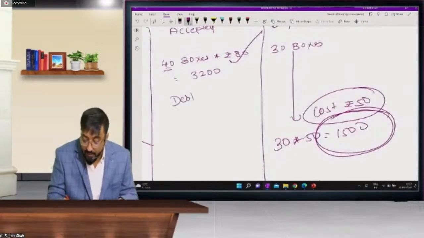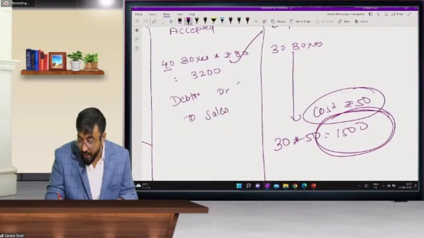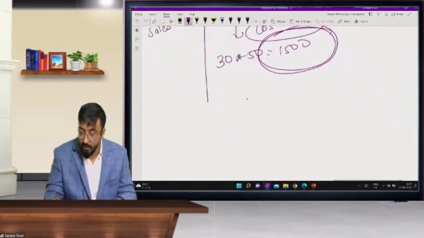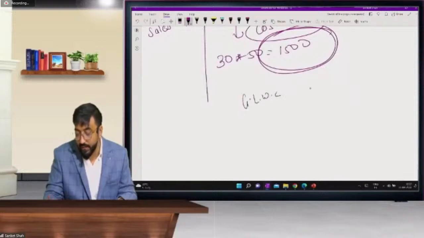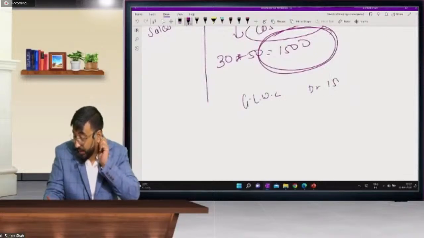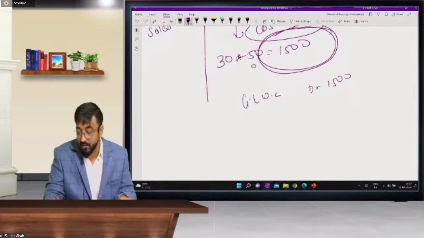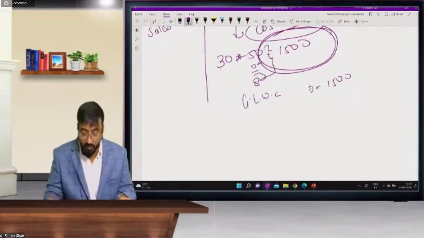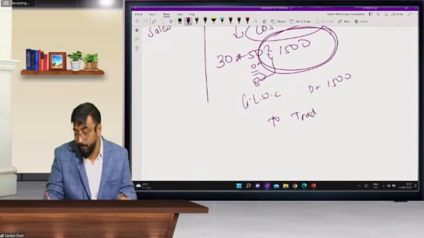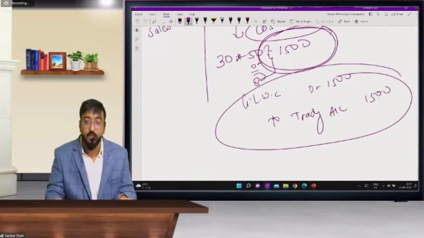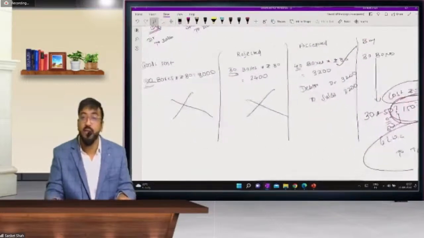Debtors debit, sales credit, 3,200. And goods lying with customer account debit, or inventory lying with customer account debit, 1,500, 50 or 80, whichever is lower, to trading account, 1,500. Only two entries.